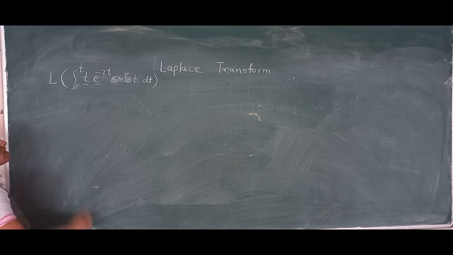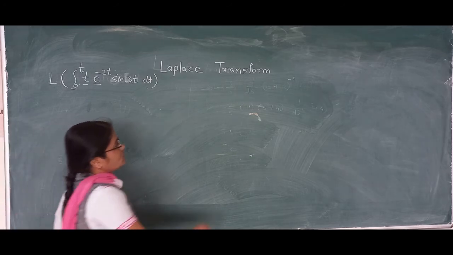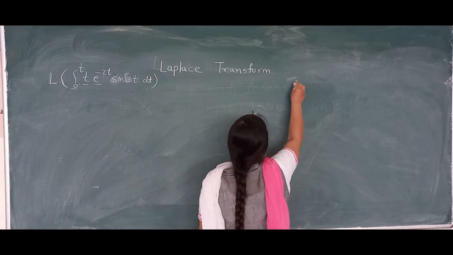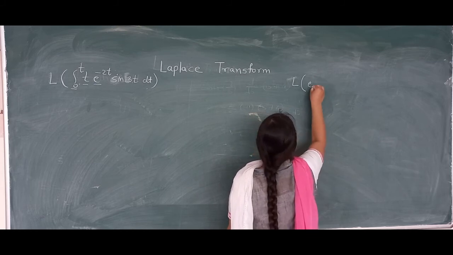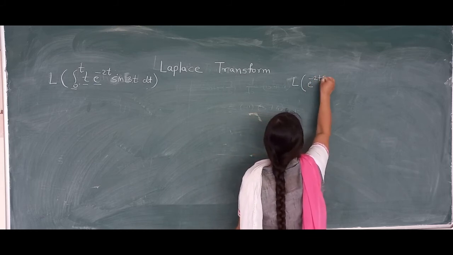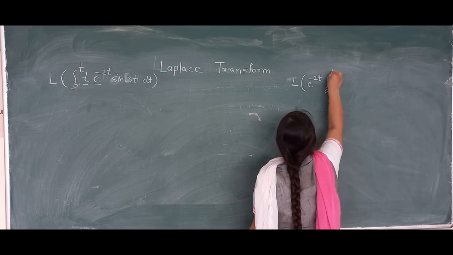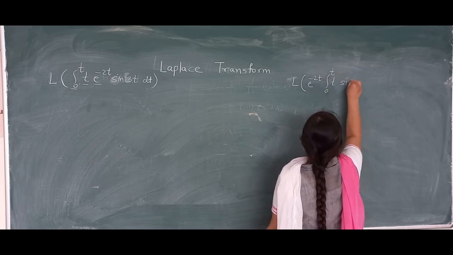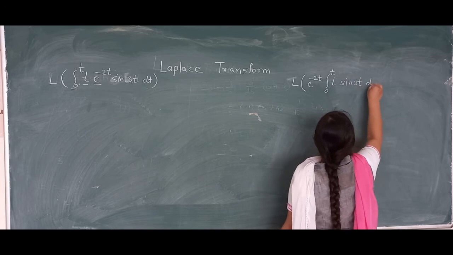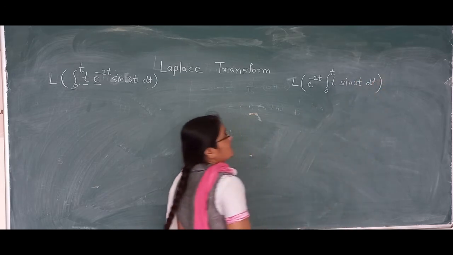Now one more example I want to discuss, that is Laplace of, if I change the position, e raised to minus 2t taken outside the integration, integration of t sine 3t dt. Then what happens?